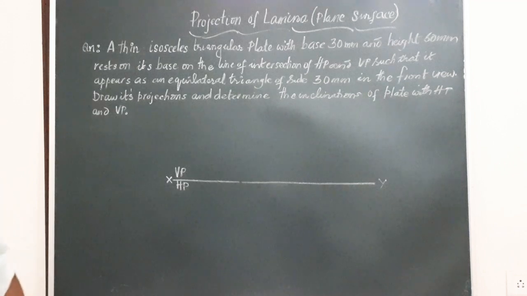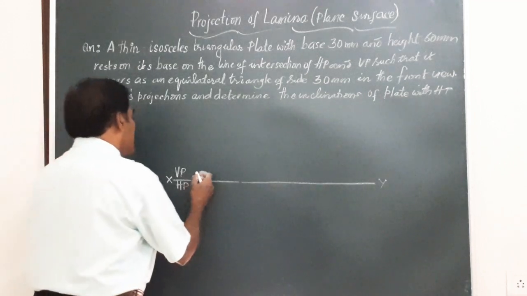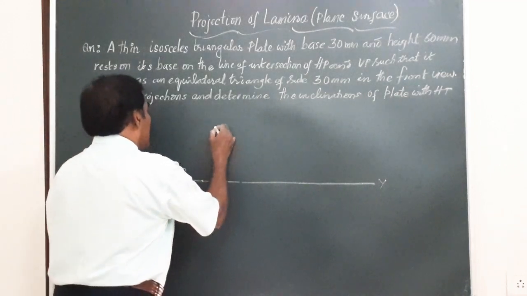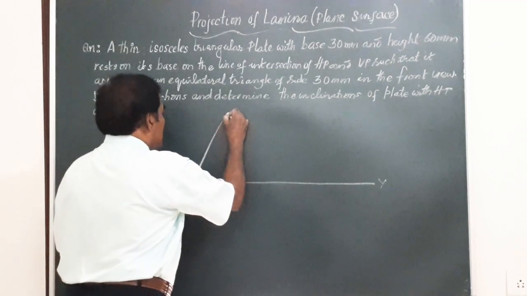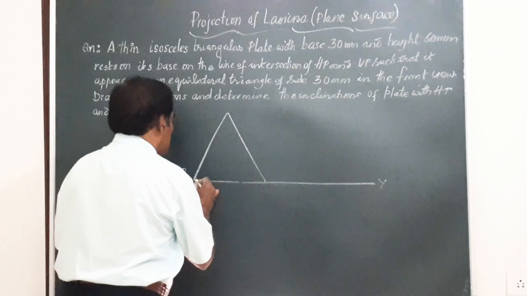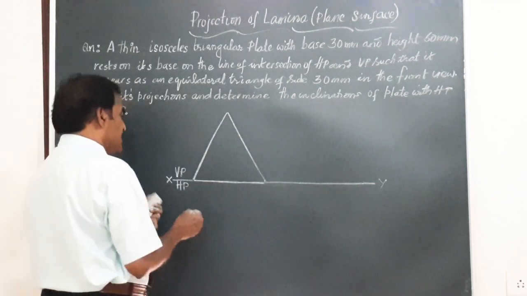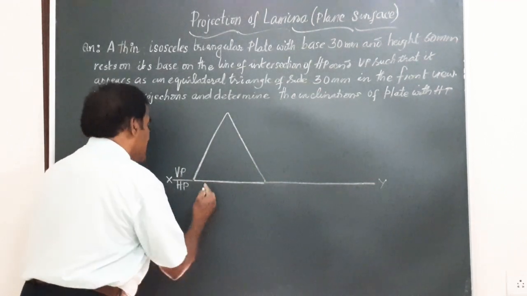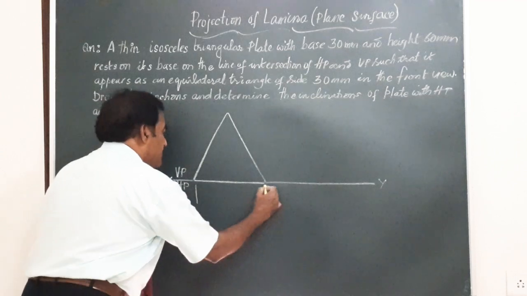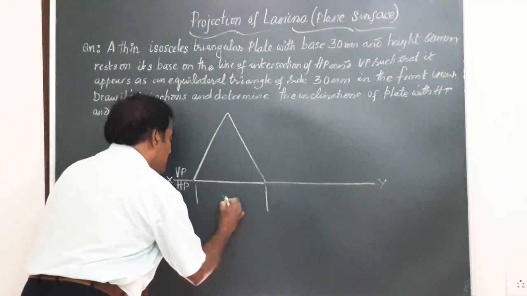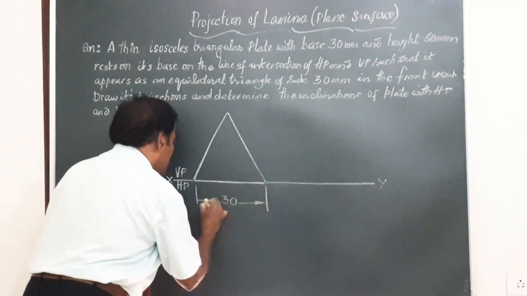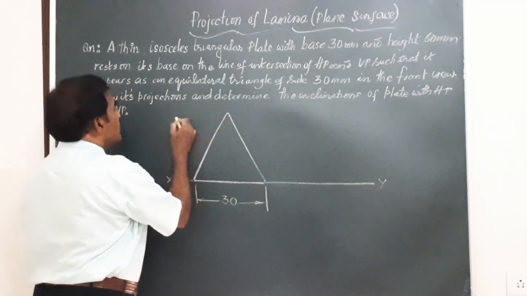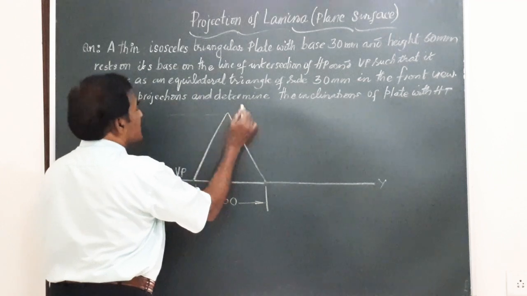So, friends, let me start this solution by writing this isosceles triangle. Suppose say this is the isosceles triangle having the base measuring 30 mm. So, I will show here this has 30 mm, the side of the base, and this height is equal to 60 mm.